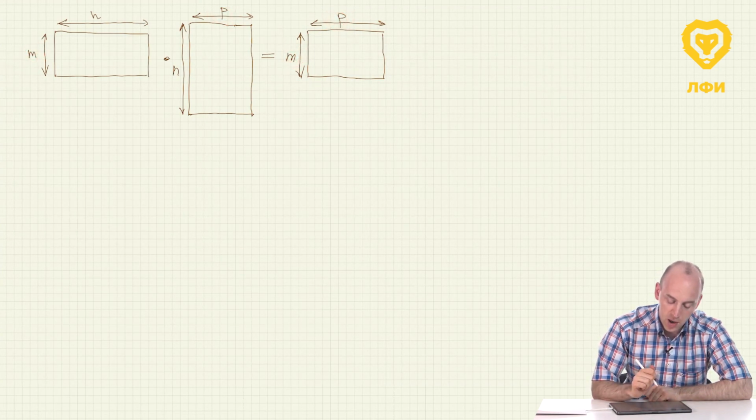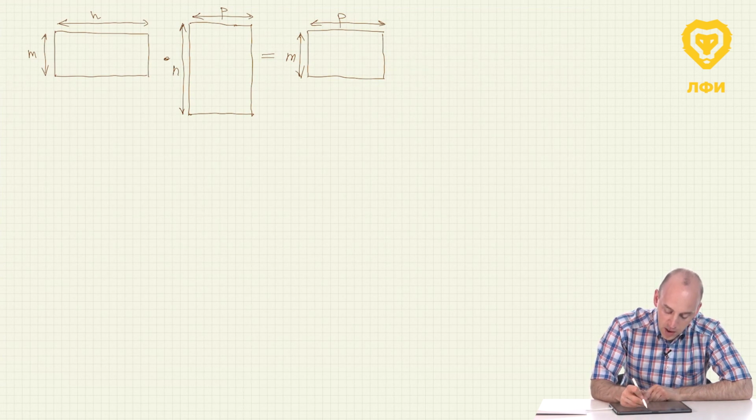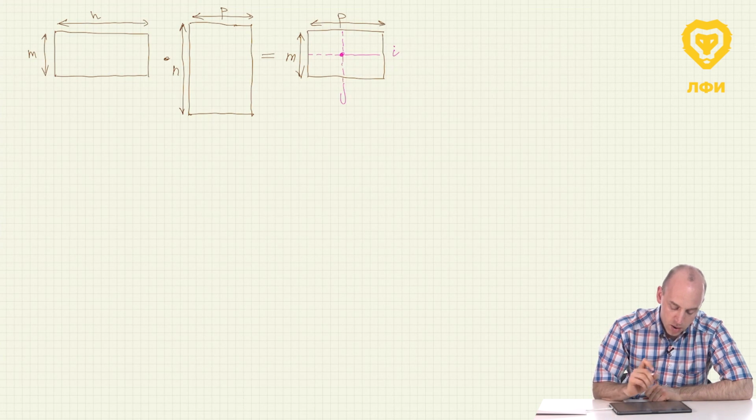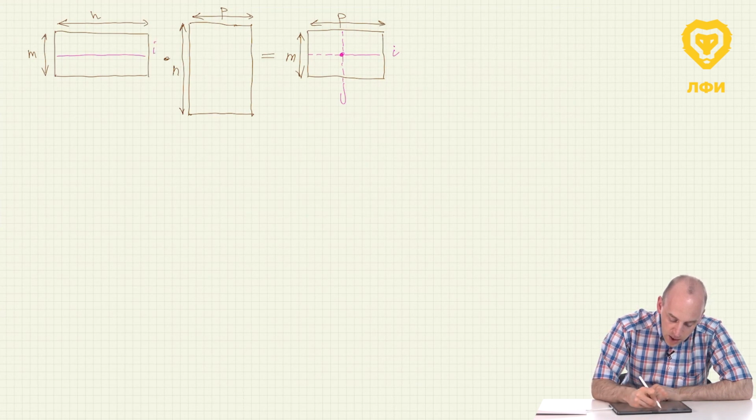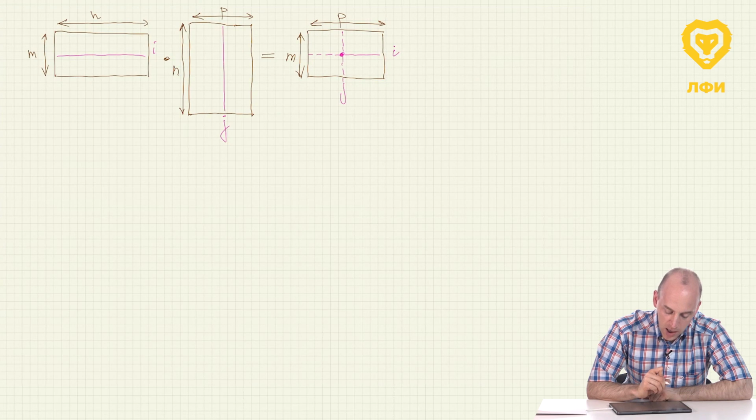And now about how we calculate each of the elements in the product. To get some element in the product, let us say situated in row number i and column number j, we need to take row number i of the first matrix and column number j of the second matrix, and after that multiply them by each other.